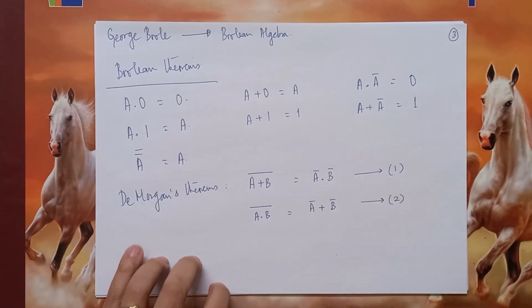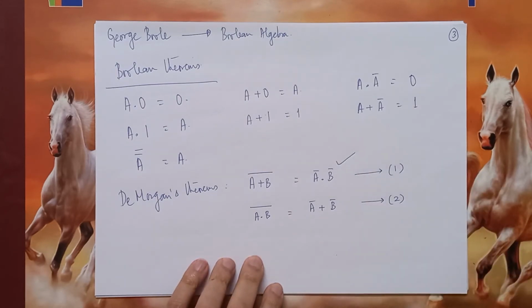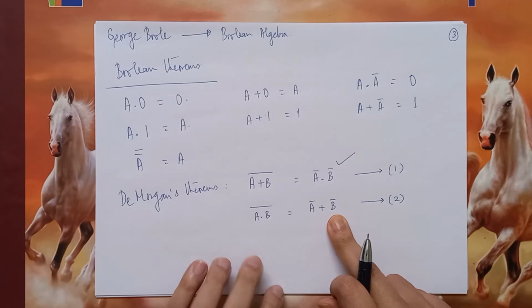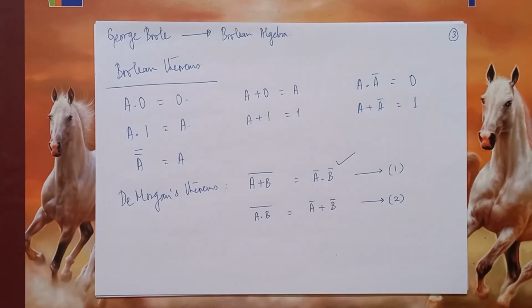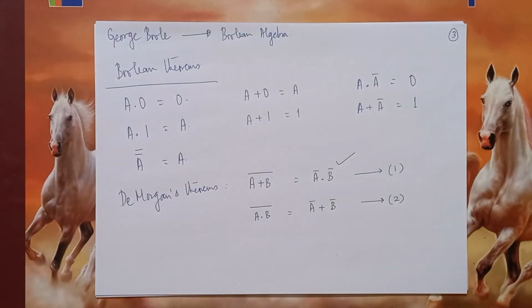These are called De Morgan's theorems. We already proved this using a truth table. You can also prove the second one very easily using the truth table method, which we just saw a few minutes back. You can prove this quite easily.